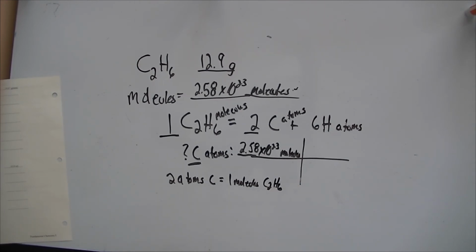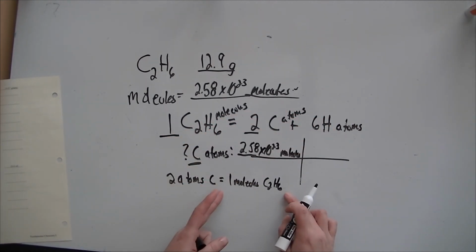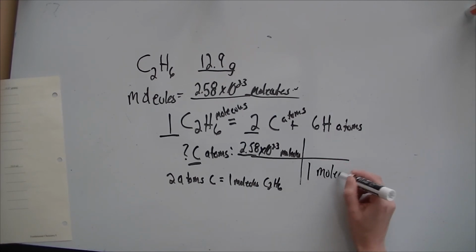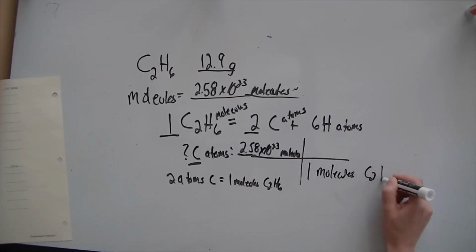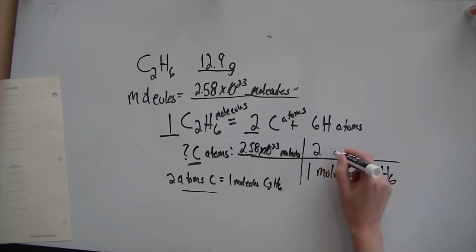Look familiar? It's a conversion factor, right? So I'm going to take this conversion factor and apply it here, and I'm going to put the molecules, what I don't want, on the bottom. What I do want, the carbon atoms, is going to go on top.